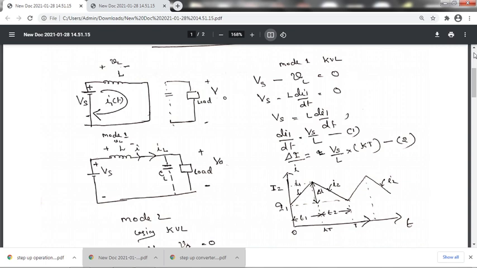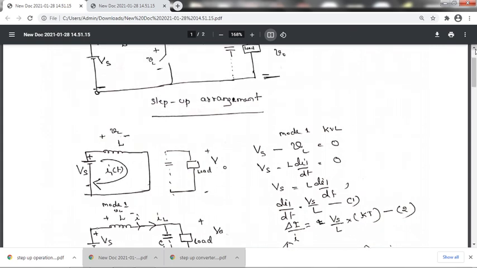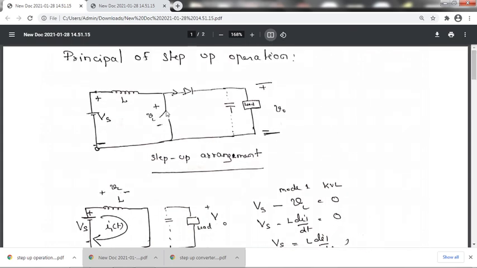So when you open this switch in the main diagram, see this voltage and this induced EMF. As I told, in mode 1 this side is plus and this side minus, in mode 2 this side is minus and this side is plus.